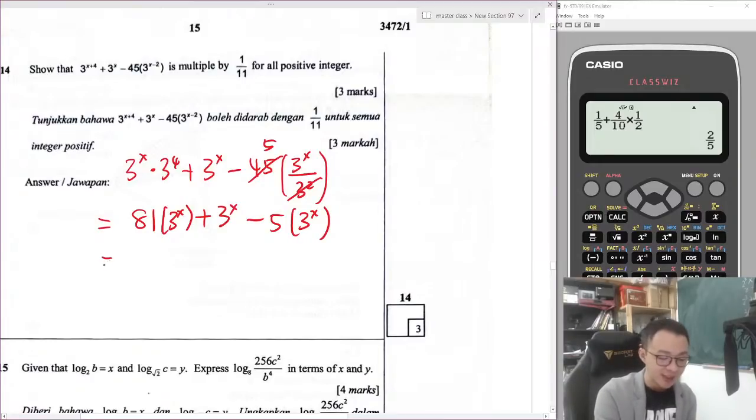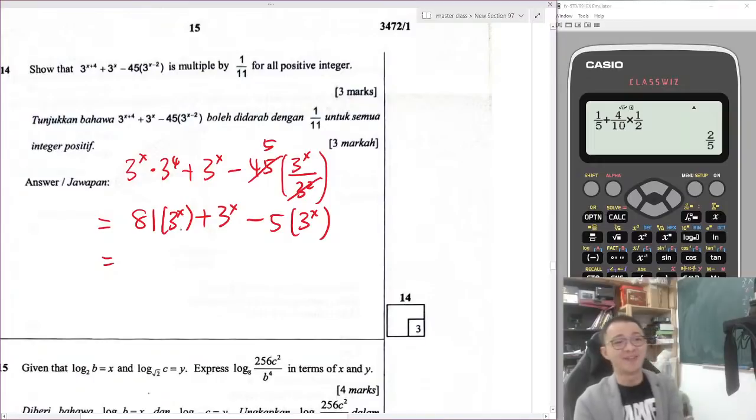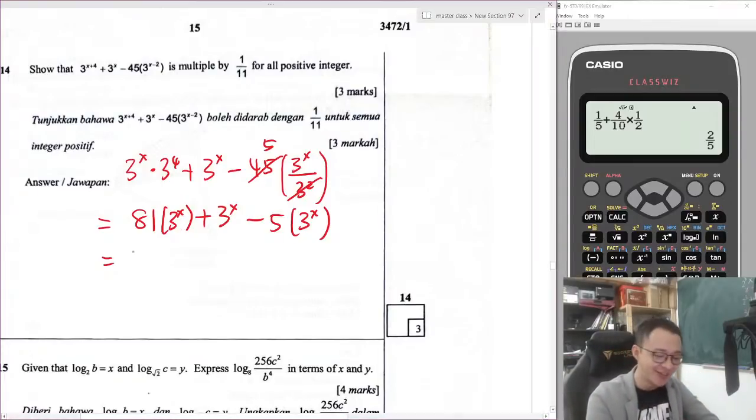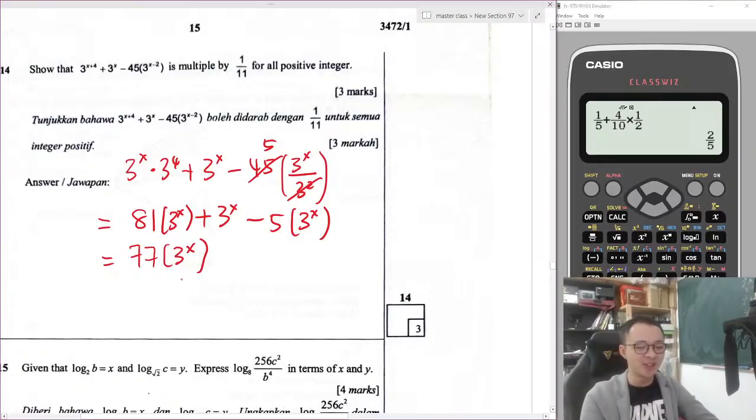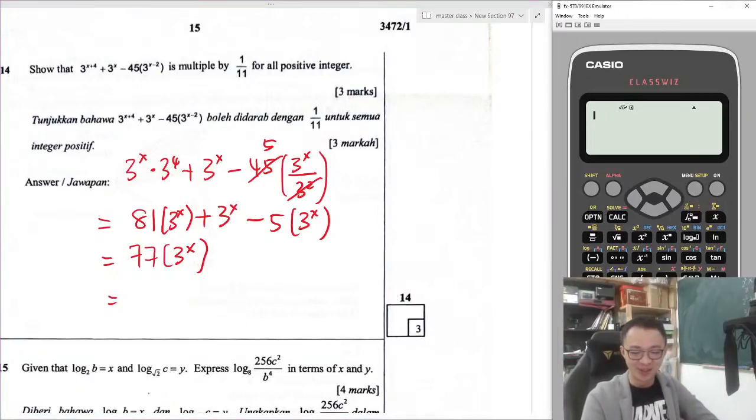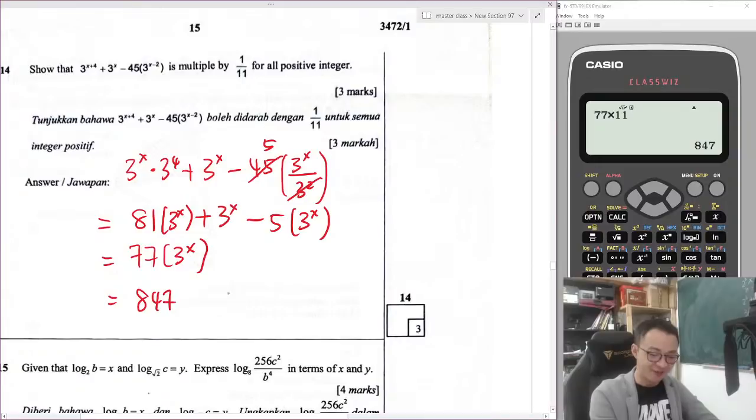Alright, so then you just imagine 3 power of x is the apple. You have 81 apples plus 1 apple minus 5 apples. Then you have 77 apples. Alright, but then we kind of need to show this one is a multiple of 1 over 11. So therefore, what I will do is, I will do something very funny. I will just multiply by 11 first. So I know this one is 847 multiplied by 1 over 11 of 3 power of x.